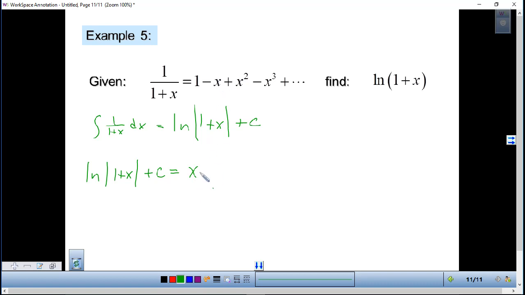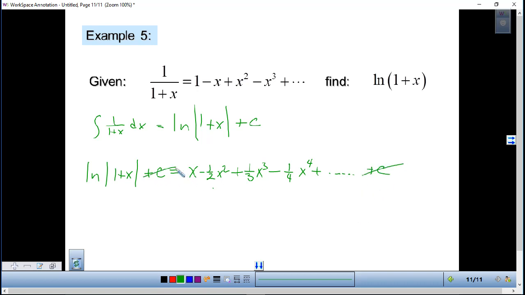Antiderivative of negative x is going to be negative 1/2 x squared. Antiderivative of plus x squared will be plus 1/3 x to the third. And then the antiderivative of x to the third, increase that by 1 to 4, divide by that, minus 1/4 x to the fourth, and just continue going. And then, of course, you're going to have your plus c out here.